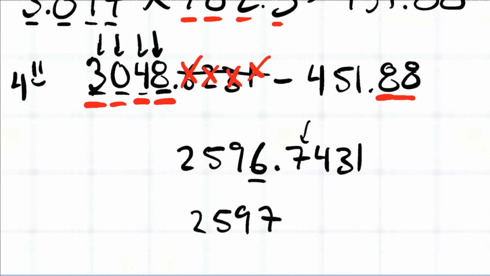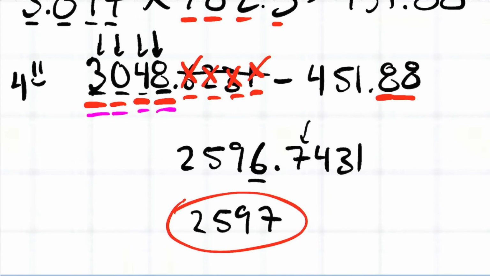So I'll do it in a different color. If I used just these 4 numbers, just to differentiate, in this one I did the math with all of them, and that was this answer. If we just use those 4, 3048 minus 451.88, then it's 2596.12.